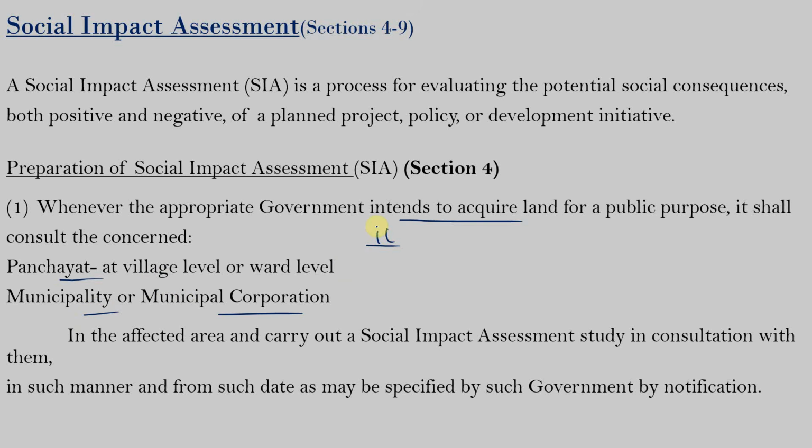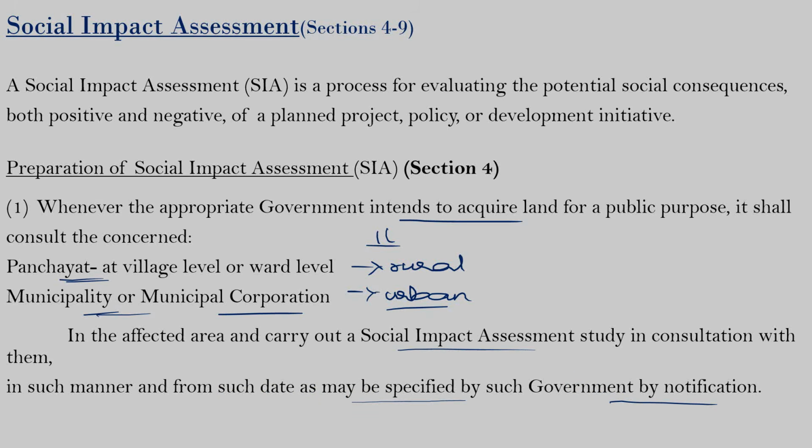That is, if the government wants to acquire land in rural areas, it shall consult the concerned panchayat, and in cases of urban areas, it will consult the municipality or municipal corporation, in the affected area, and carry out a social impact assessment study in consultation with them in such manner and from such date as may be specified by the government by notification.